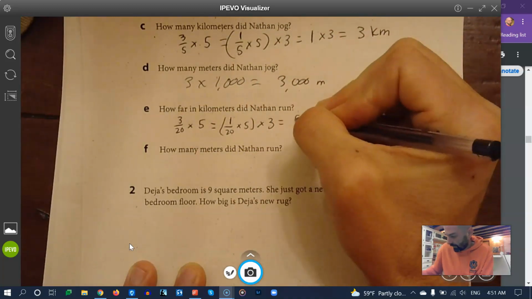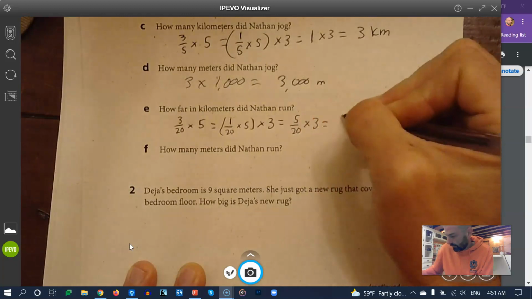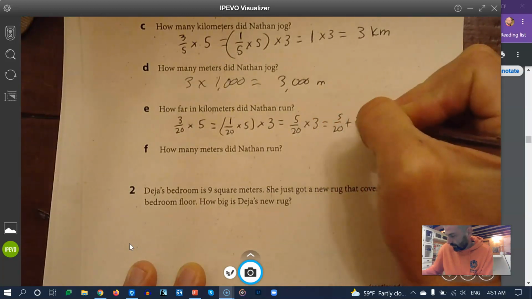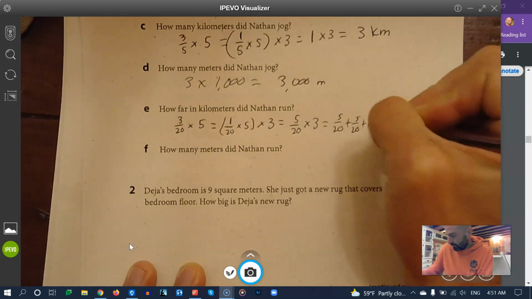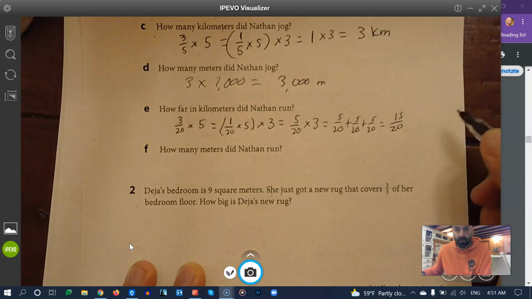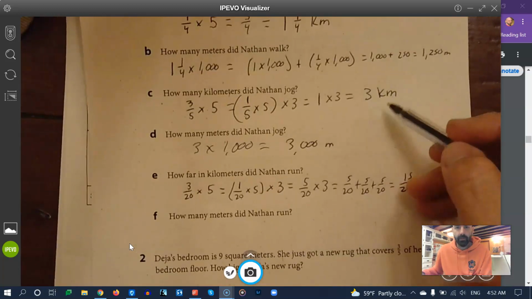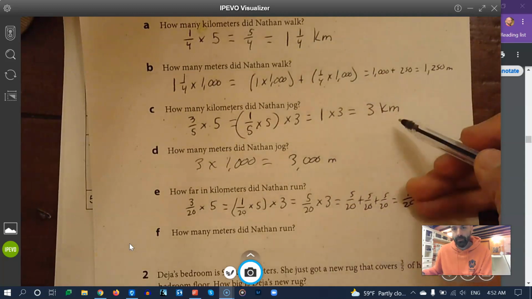So that would be 5 over 20 3 times, which is equal to 15/20 or 3/4, right? And that's what we knew, because we knew this was 3 plus 1 1/4, which is 4 1/4.